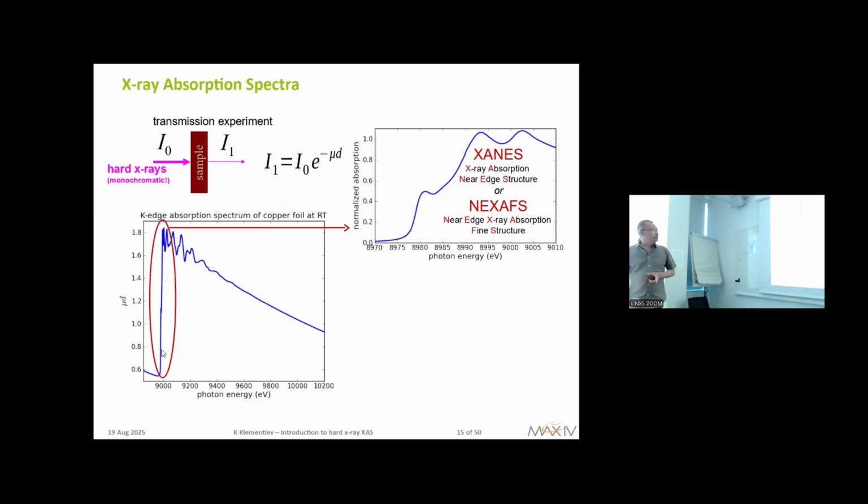The edge itself is, in our language, called XANES, X-ray absorption near edge structure, in the hard X-ray world, or NEXAFS, in the soft X-ray world. But this is exactly the same. And because the communities are separated, geographically first of all, hard X-ray communities reside on hard X-ray synchrotrons, and the soft X-ray community on soft X-ray synchrotrons.